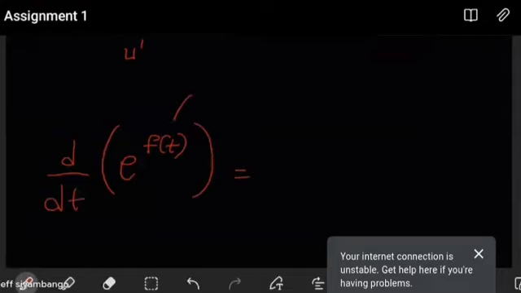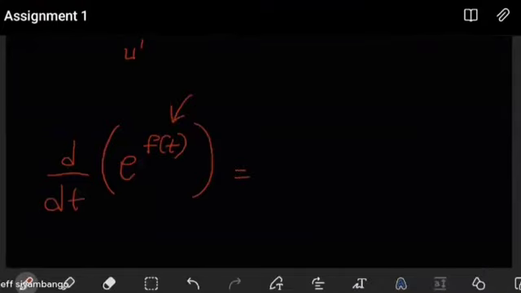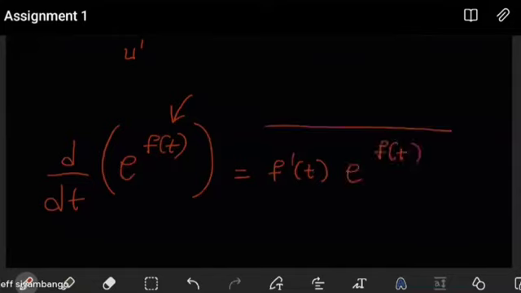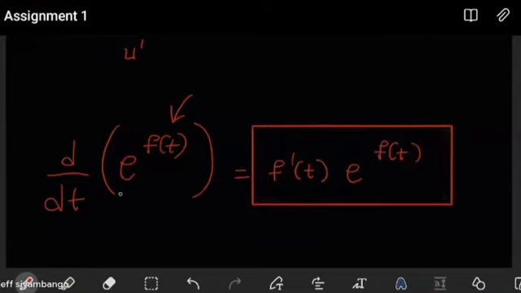Differentiate the power of the exponent, multiply it here, so that will be f prime of t, and then e to the same power, it doesn't change. So this is how you differentiate an exponent.